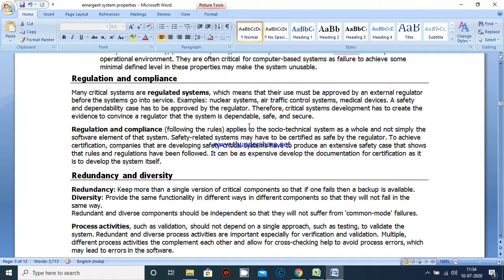That is, redundancy says keep more than a single version of a critical component, so that if one fails, then a backup is available, or a backup should be there. Next one is diversity. Provide the same functionality in different ways in different components, so that they will not fail in the same way. Redundant and diverse components should be independent, so that they will not suffer from common mode failures.